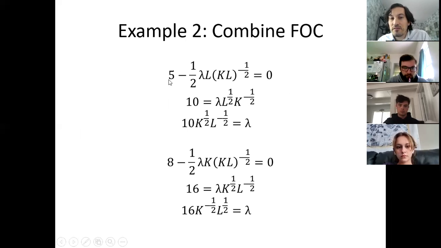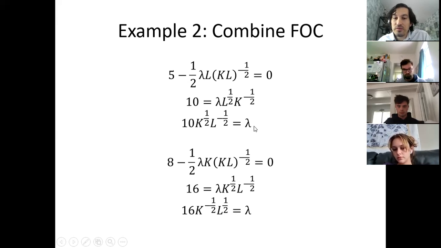I'm going to solve the first order condition right now in terms of lambda. It's equal to 10 square root of K over square root of L. That's what these exponents are telling me. That's from the first order condition. From the second one, we get this 16 K to the negative 1/2 times L to the negative 1/2.